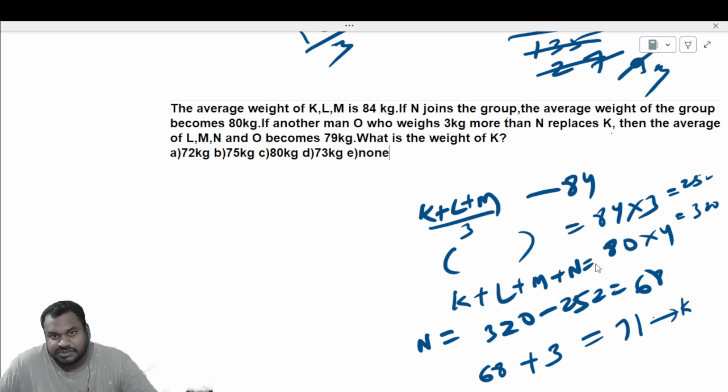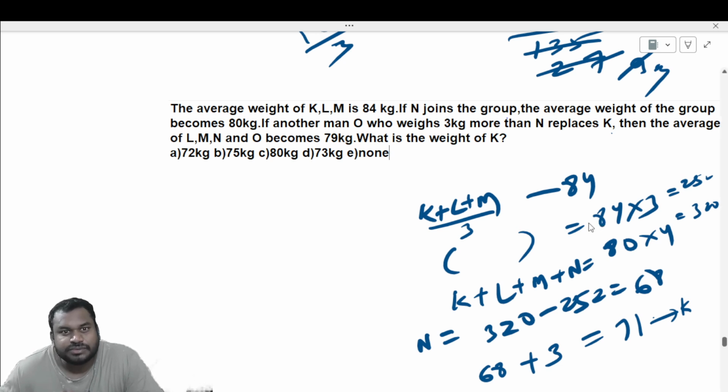So in place of K I am putting 71. Now 79 is the average and in place of K, 71. So 71 plus L plus M plus O, divided by 4.